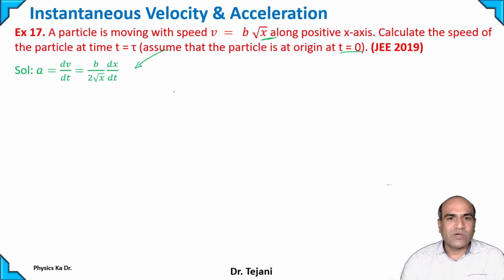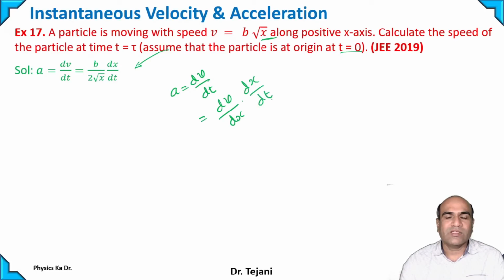Right? So a is equal to dv by dt, which is equal to dv by dx multiplied by dx by dt. What is dx by dt? That becomes v. And what is dv by dx? You can see velocity is given here, so dv by dx is b root x.